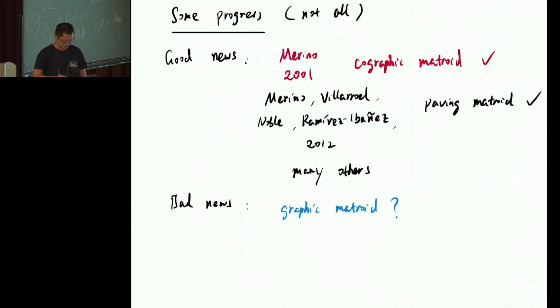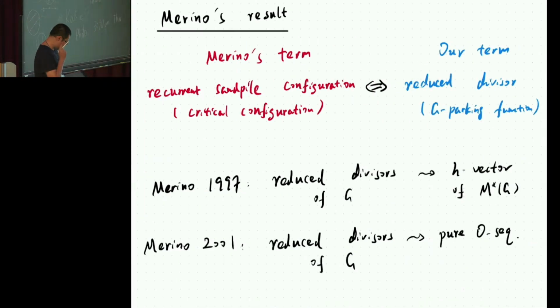These are good news. There are also some other works, proving it in some low rank cases, something like that. There are a lot of them. I cannot list all of them. The bad news here is we do not even know whether it holds for graphic matroids.